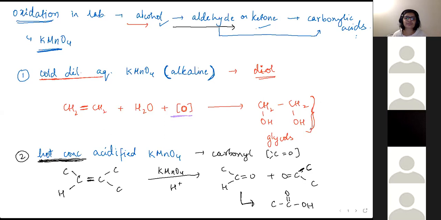If you're taking hot, concentrated, acidified KMnO4, you're letting the reaction happen more easily, and there is more of the oxidizing agent available. It will give you ketones, plus if there is any chance of an aldehyde being formed, that gets oxidized to carboxylic acid.